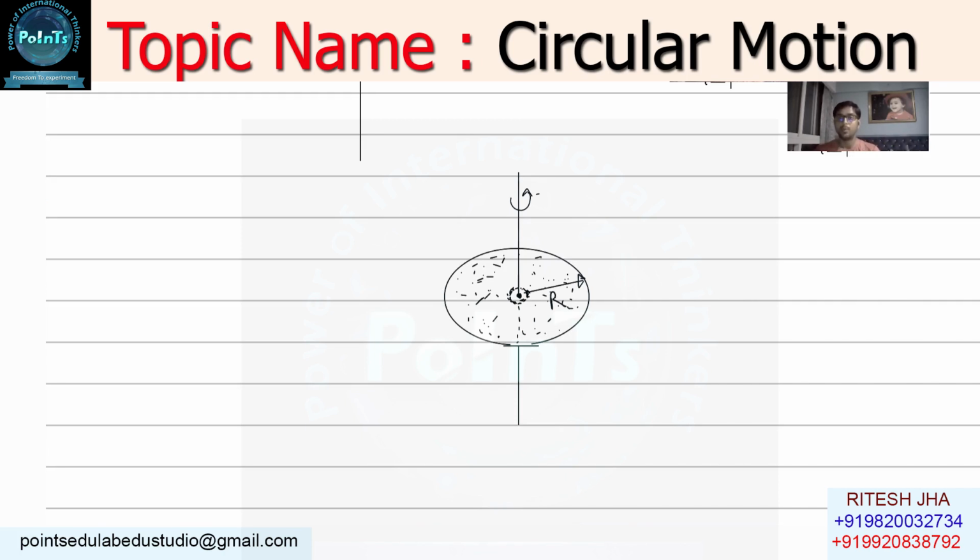This moment of inertia is different for different shapes: for a ring, the disc, the rod, the cylinder, the sphere. All these have different moments of inertia.